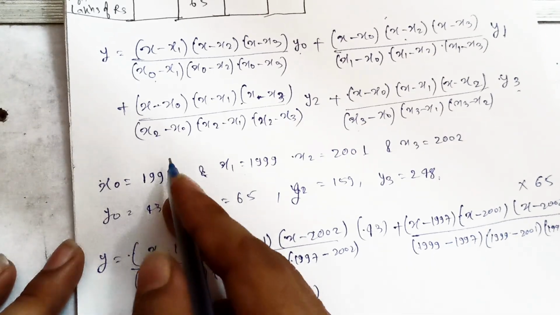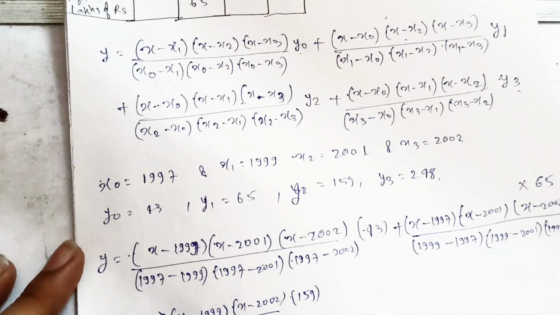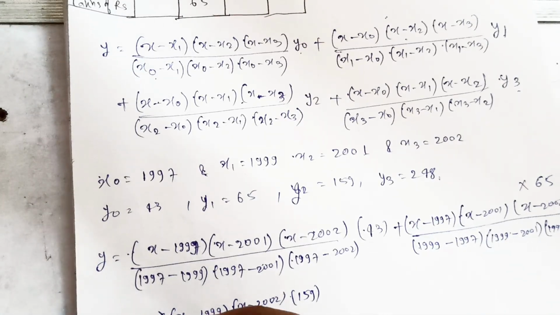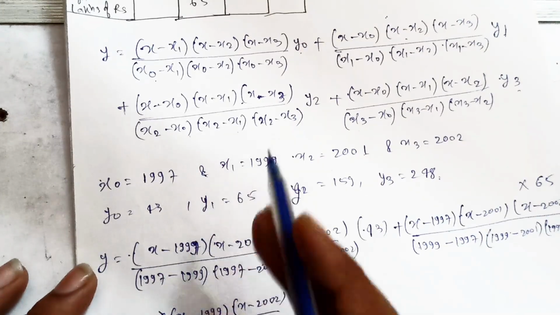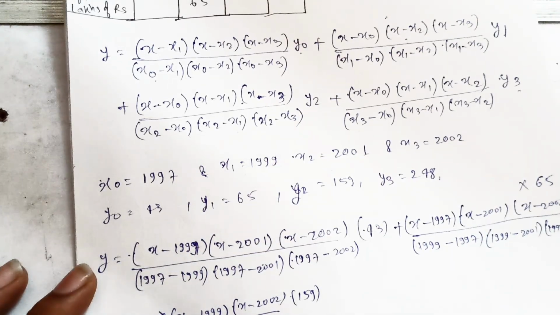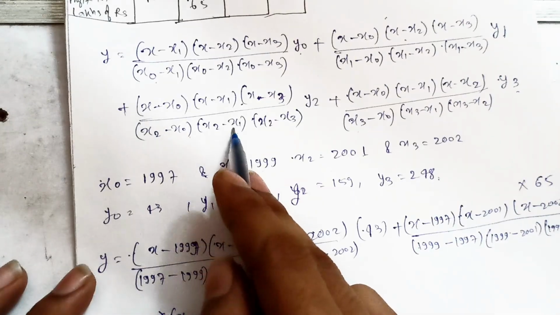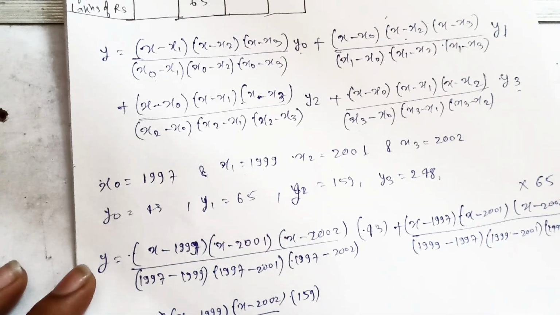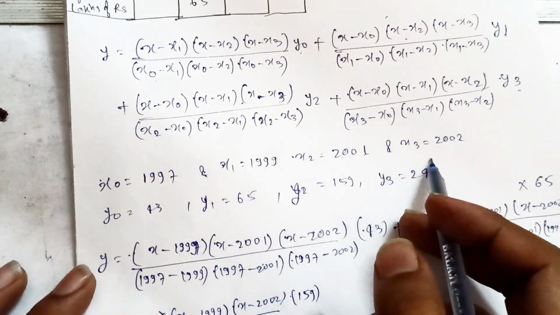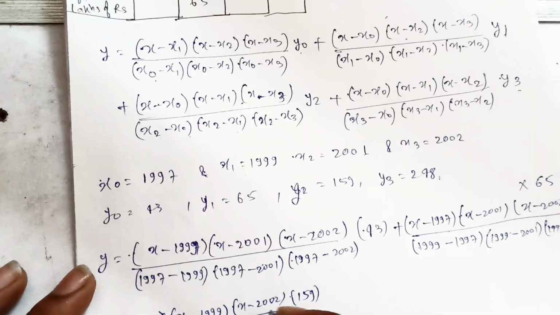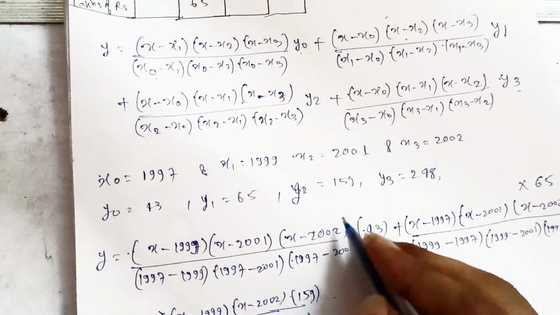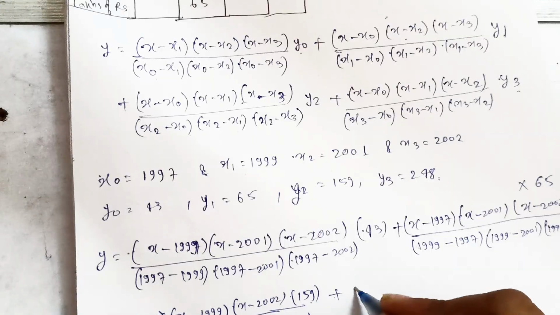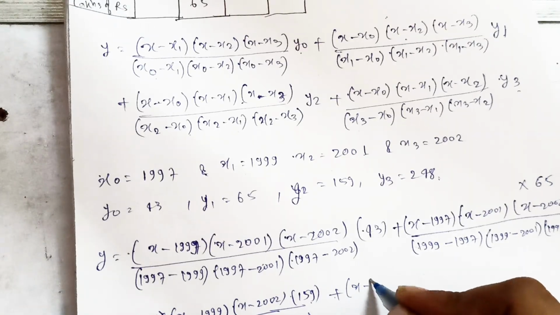Below we use x2, which is 2001, minus 1997, then 2001 minus 1999, and 2001 minus 2002.